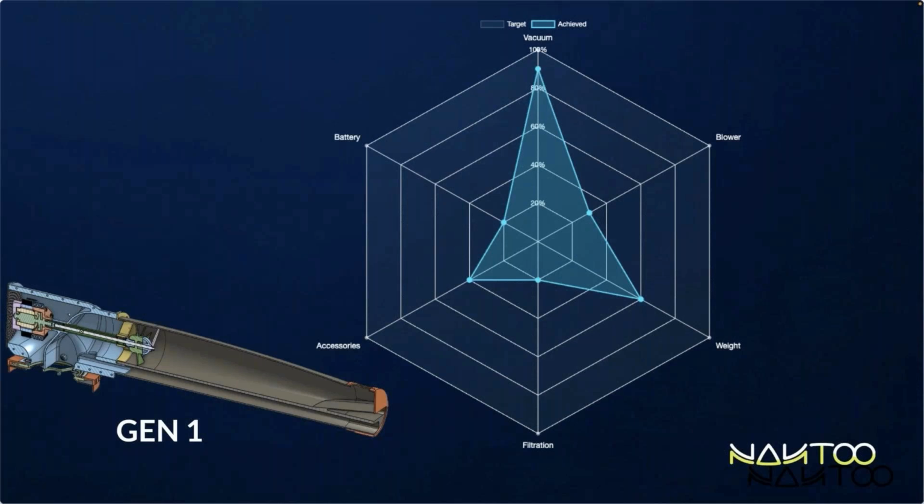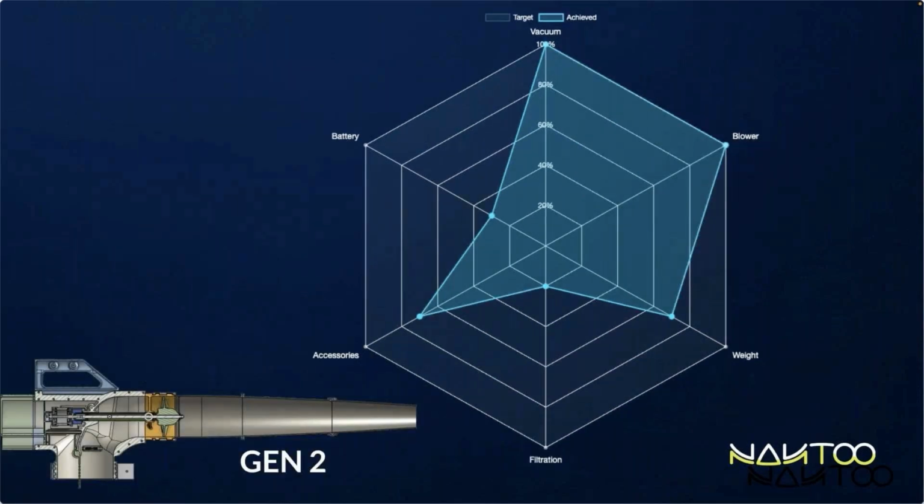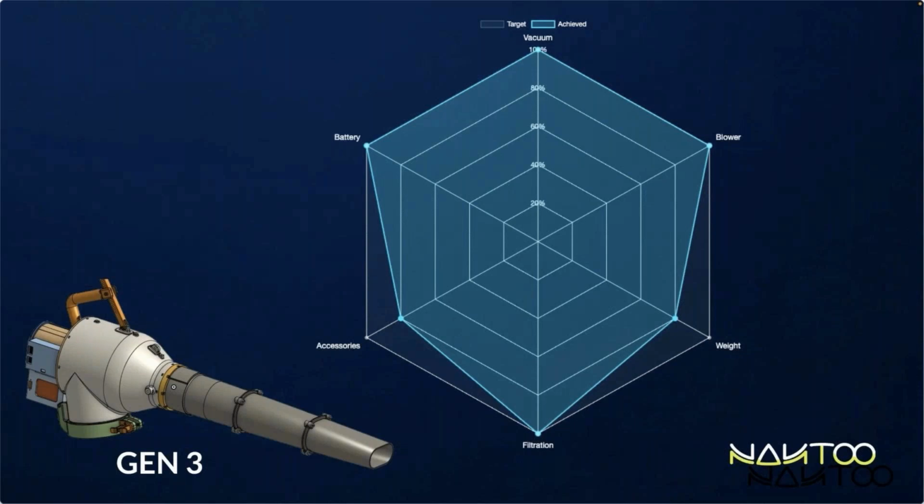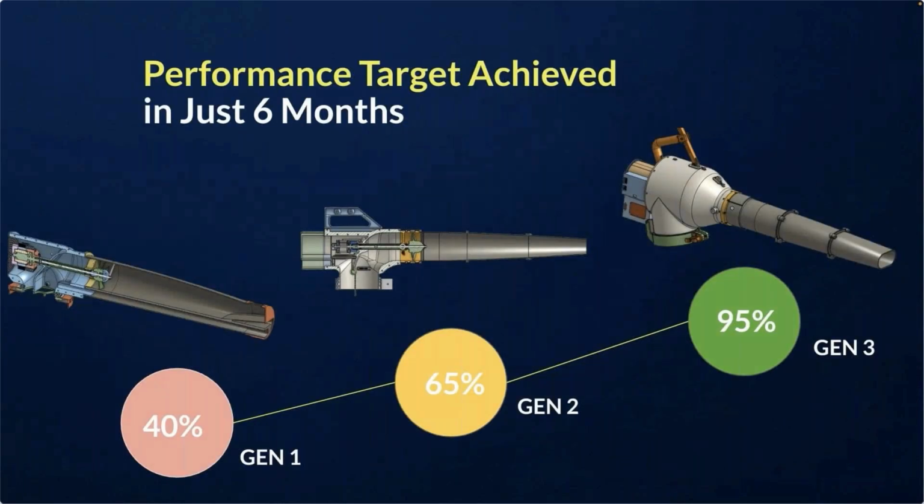So let's say, given 100% in terms of vacuum performance, blowing performance, the weight, the filtration, the accessories, and the battery, we can say that each time the new generation was overachieving the previous one, and now we are very, very close to obtaining a final generation, which will be generation 4, which will probably be the final design used for the actual POC of the system.